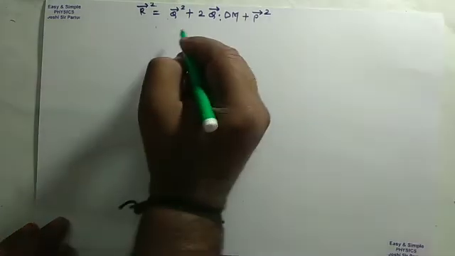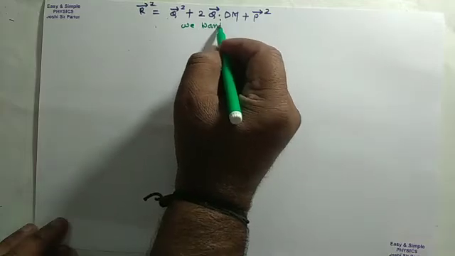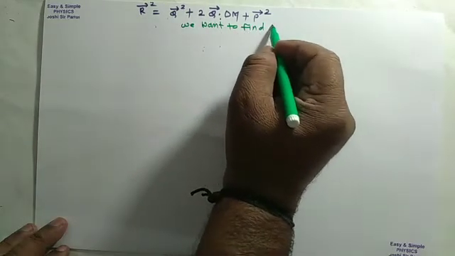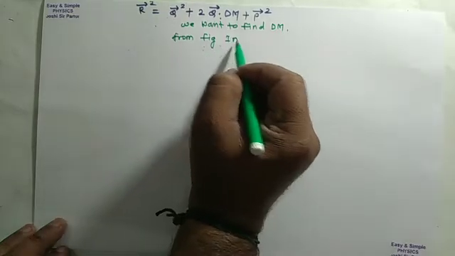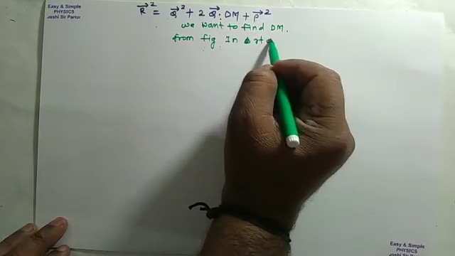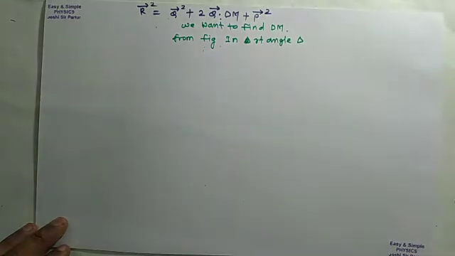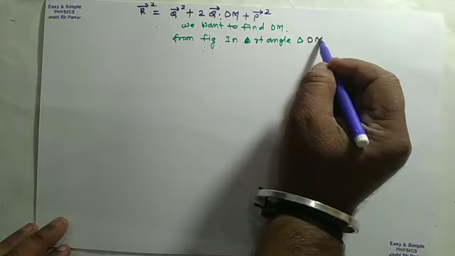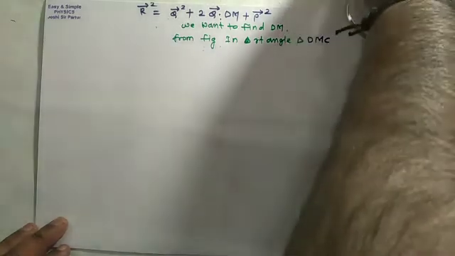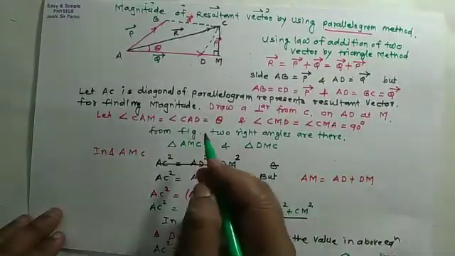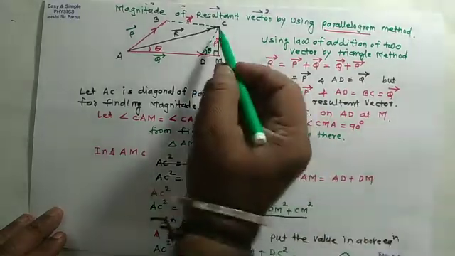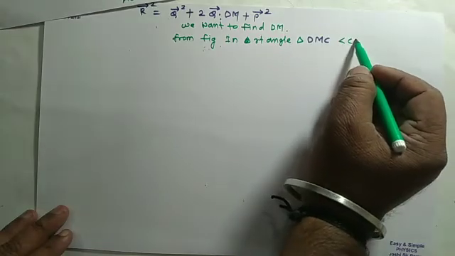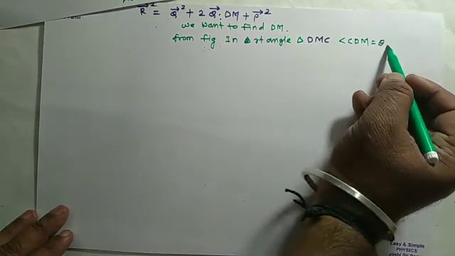Here we want to find DM. From the figure, in right angle triangle DMC, this angle represents theta, which means angle CDM is equal to theta.